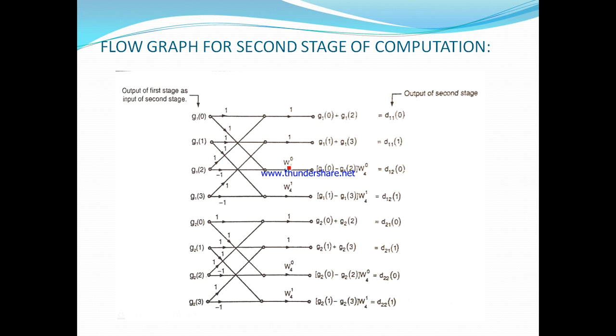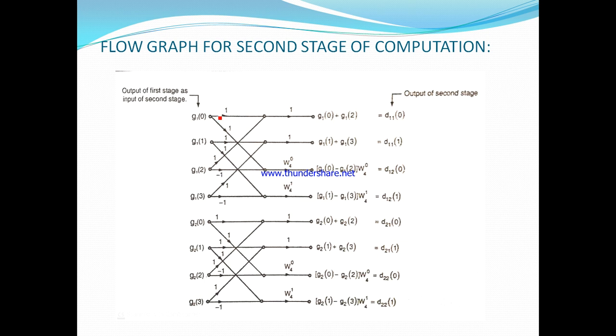Next, here are the twiddle factors W4 power 0 and W4 power 1. So for the 4-point DFT we have 2 twiddle factors, with the W_N value being 4. Next, here it receives G1 of 0 plus G1 of 2, and here also G1 of 1 plus G1 of 3, which is addition.